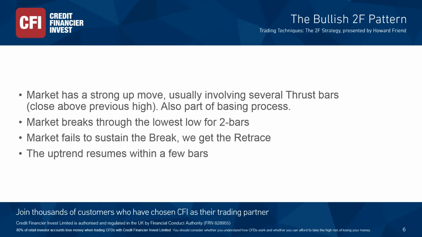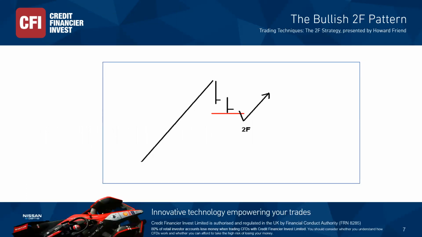You draw a line under the 2-bar low, the lowest low for the last 2 bars, and once we've broken through it, that tells us that we've made the breakout to the downside. This is the kind of hook that we need to set up the buy trade for the upside. If the market fails to sustain that break, as we expect it would do, we start to get the retrace to the upside. And then we're looking for the uptrend to resume within a few bars.